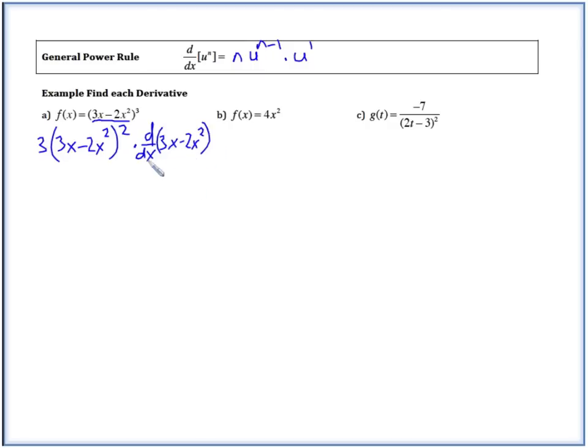Now this step is not necessary to write out every time. I'm just doing it in this case so that you can see that it follows this general power rule perfectly.